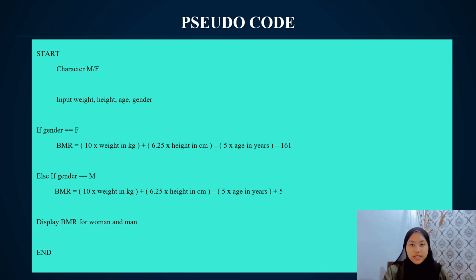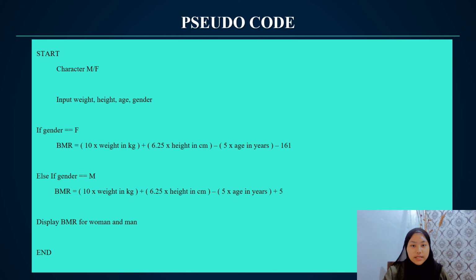For the last phase is pseudocode. This pseudocode uses the if-else format. When we start, we must put the assignment for this program. We put character M or F. Then the input is weight, height, age, and gender. If gender equals F, the formula is 10 multiply weight in kilograms plus 6.25 multiply height in centimeters minus 5 multiply age in years, then minus 161.